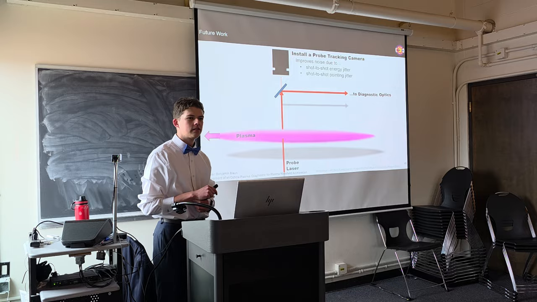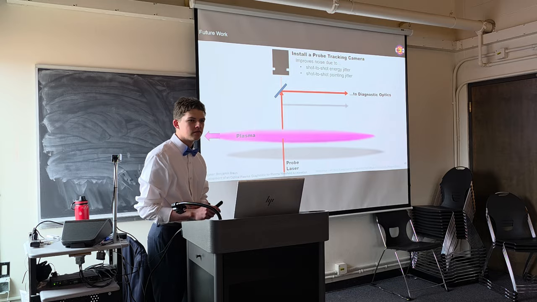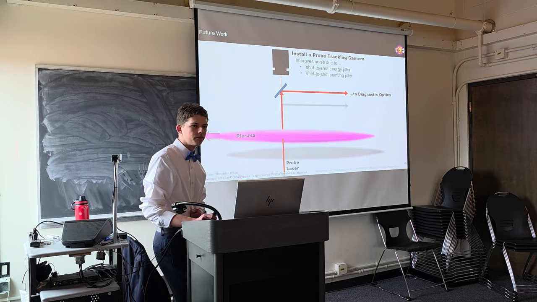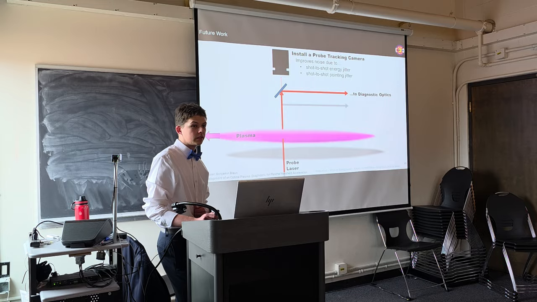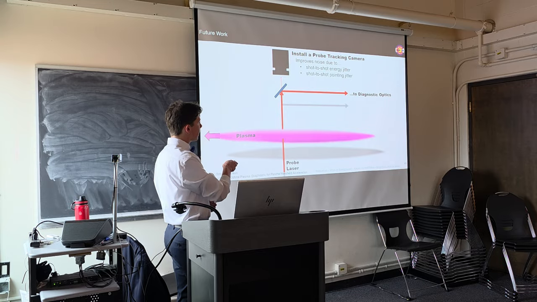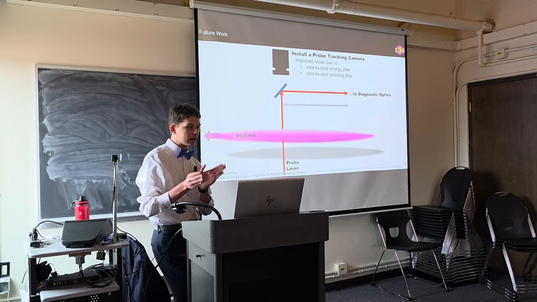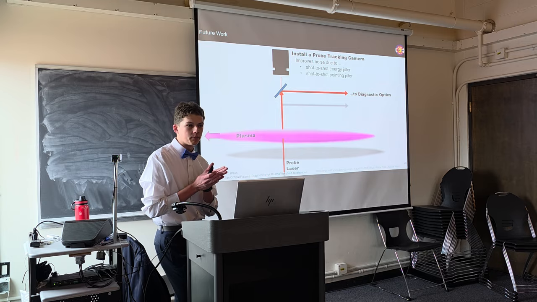Patrick? What's the motivation for taking the probe laser off, splitting it off from the main laser? And would you get any benefits from using a separate laser for the probe laser? Yeah. So the nice thing of taking the reference laser off of the main laser is mostly timing.